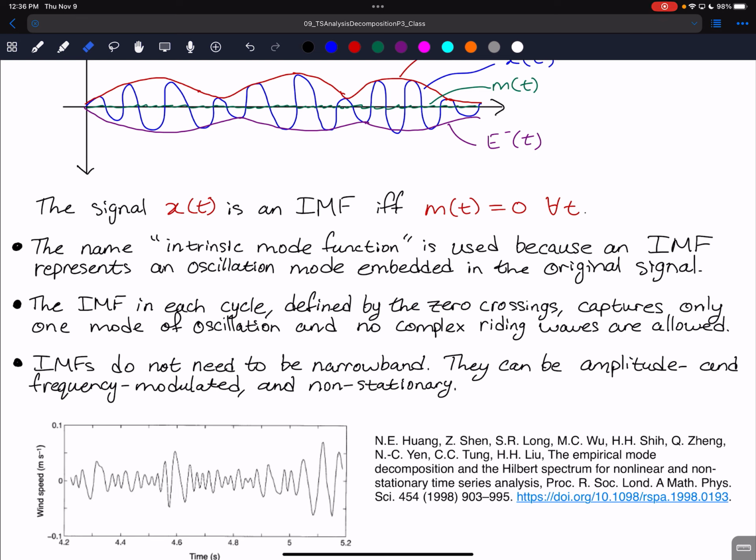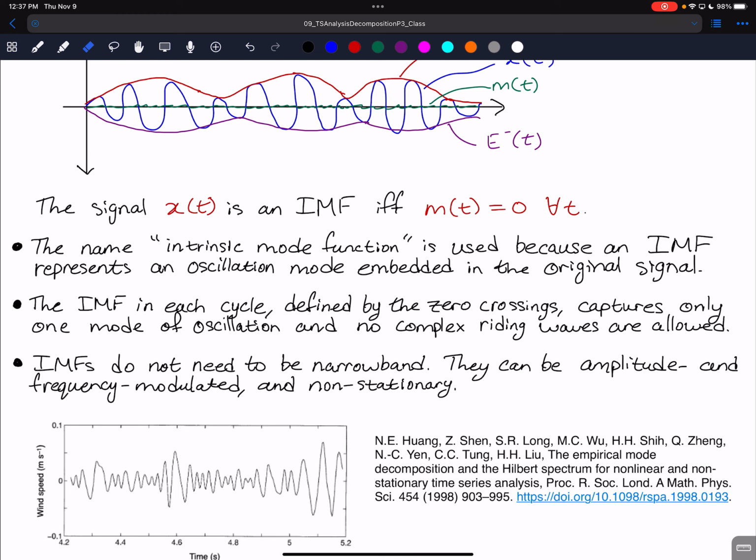And when we say no complex riding waves are allowed, that means there can't be any kind of carrier signals coming along with that. So the intention, and what EMD does do, or can do in some circumstances, is extract a component that contains only a single frequency in a particular cycle.